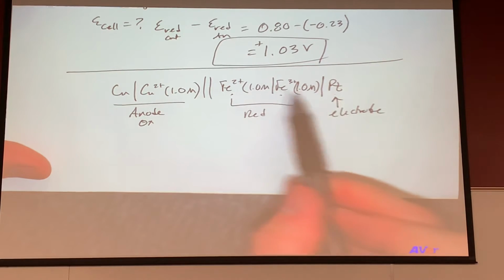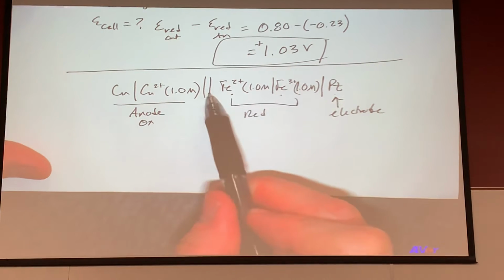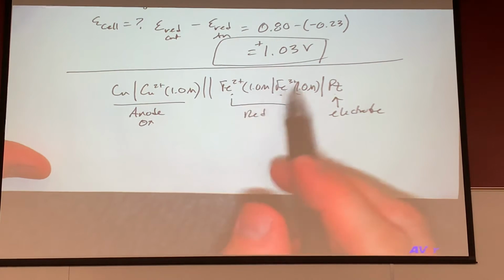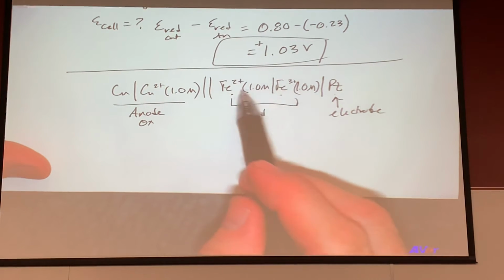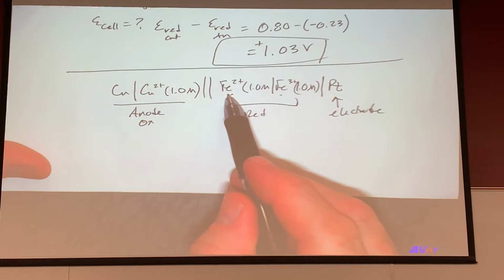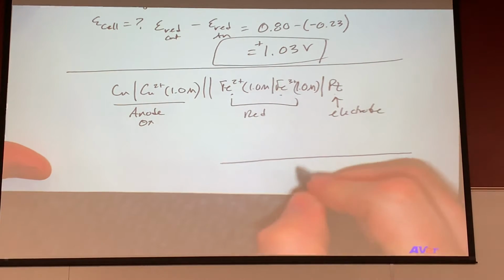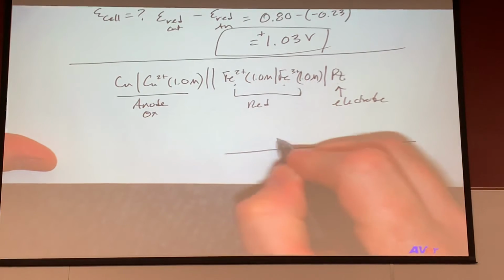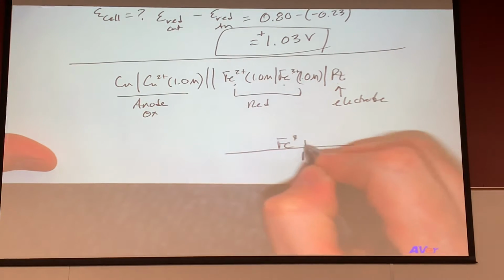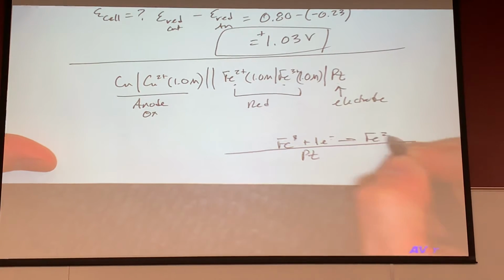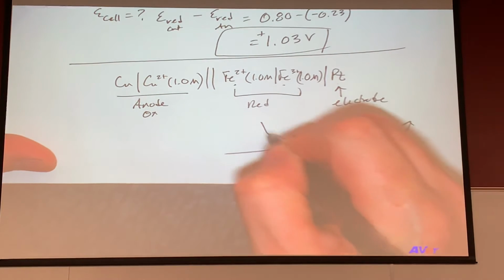There's no buildup of iron on the surface of the platinum because all that's happening is the iron 3 is gaining 1 electron and turning into iron 2 in solution. But with that reaction, if here's the surface of the platinum, you've got iron 3 here for a minute, it gains 1 electron, turns into iron 2, and then it leaves.